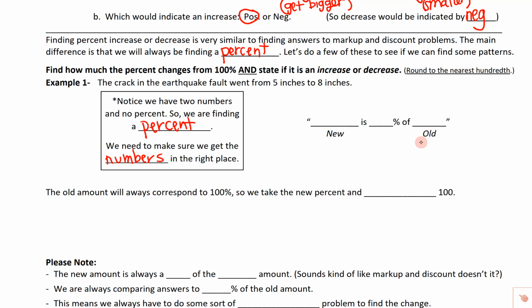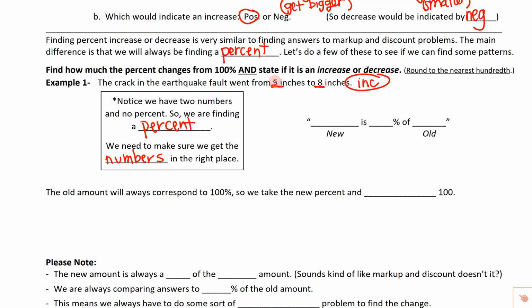So I like to think, okay, 5 to 8 inches. I should know before I even start if this is an increase or decrease problem. It started at 5 and it went up to 8, so obviously I have an increase problem. We'll see if, when we're done, we got an increase.